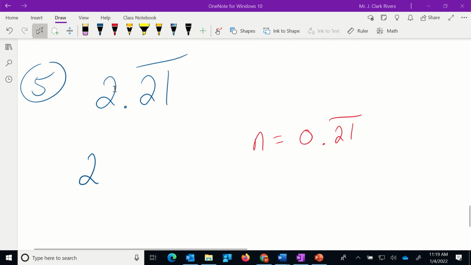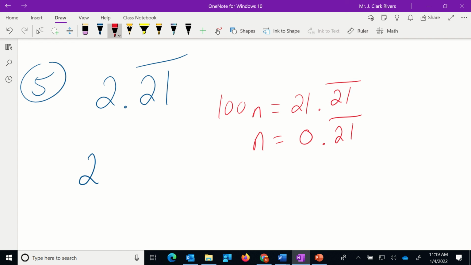2.21 repeating. We're going to take this 2 to the left of the decimal, just set it to the side. That's going to be part of our mixed number. Everything to the right of the decimal, we're going to call that n. n is equal to 0.21 repeating. We have 2 digits repeating, so we have to multiply n by 100. This will move our decimal 2 spots to the right, and when we do, 21.21 repeating.